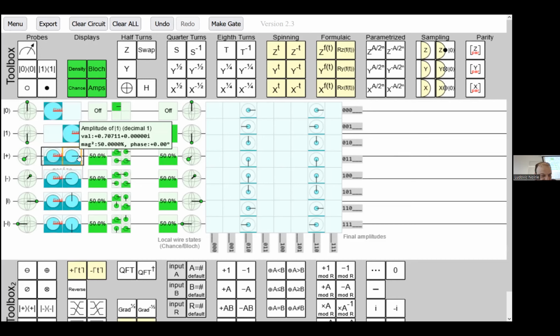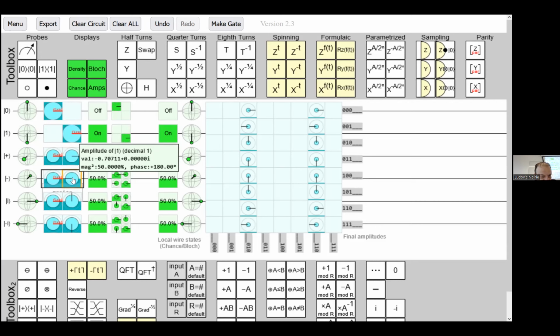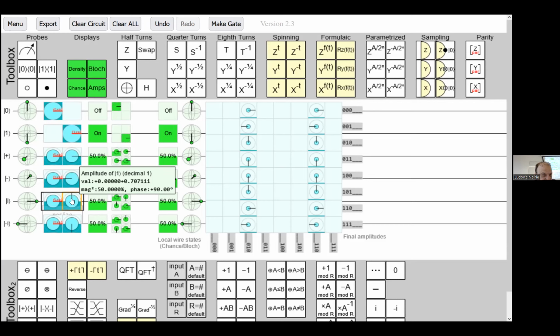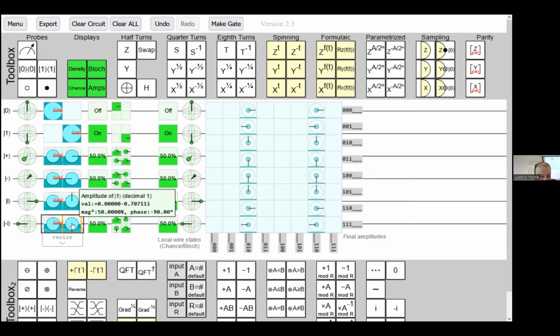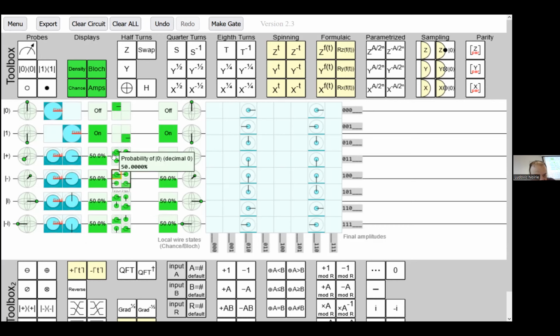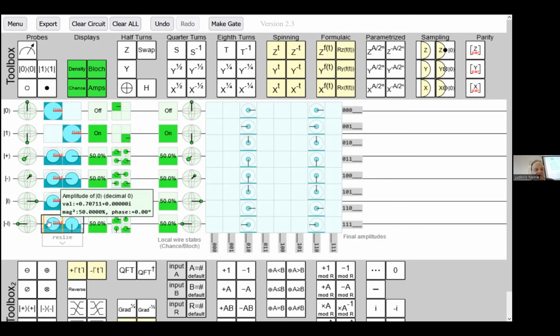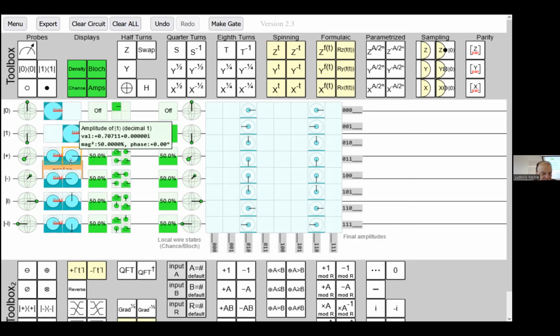And you see the dephasing here is 0 degrees, 180 degrees, 90 degrees for i, and minus 90 degrees for minus i. And for the probability of measurement, 0, 1, then 50-50 for the four last states, because they are superpositions with the same amplitude for the 0 and 1. Not the same phase, but the same amplitude. Is it clear?